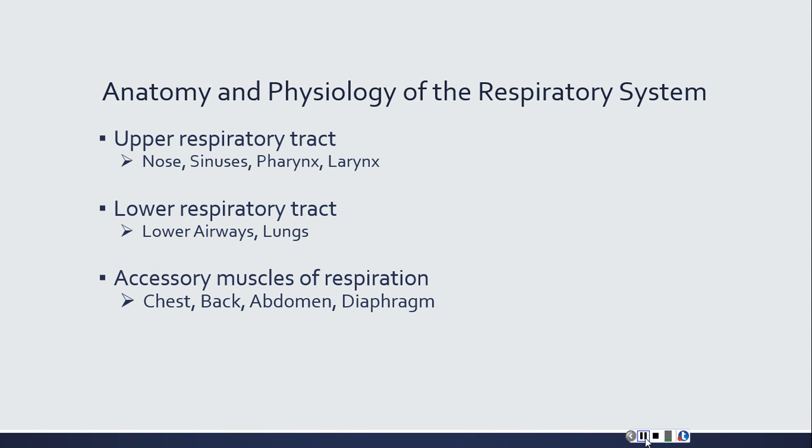Okay, there you go. So yeah, it's going to bring in the air. Anything else? Humidify, filter out bacteria. Absolutely. That's probably the primary function of that upper respiratory tract.